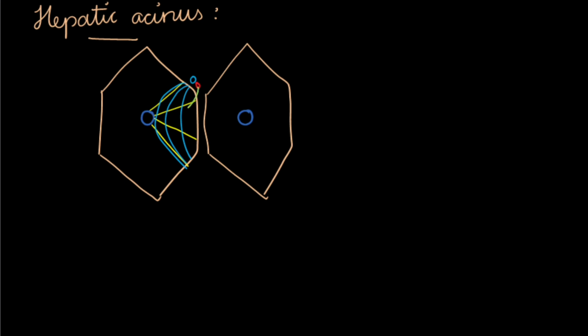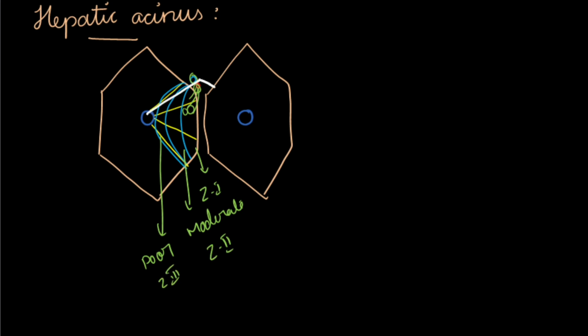Obviously it is zone 1, where we have the hepatic artery and portal vein. The hepatocytes here receive more blood, here it is moderate, and here it is very poor blood supply. This unit forms the hepatic acinus. This diamond shape is called the hepatic acinus.